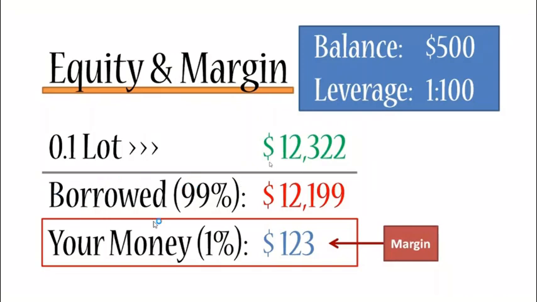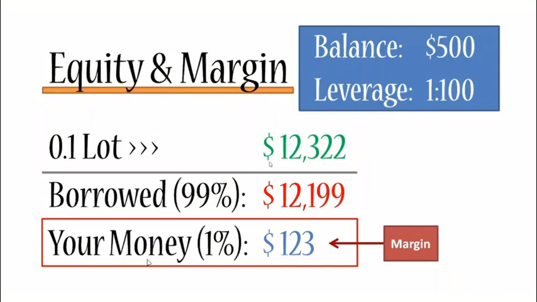So the broker gave us 99%, and we only had to pay 1% of our money in order to be able to go into the trade. So our margin was $123. So we call this amount our margin.